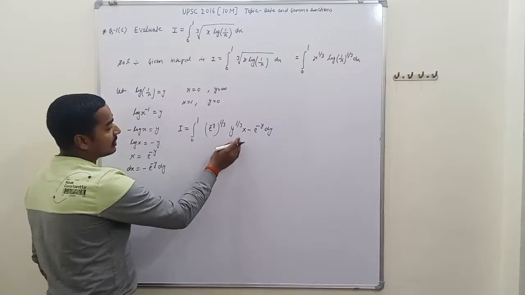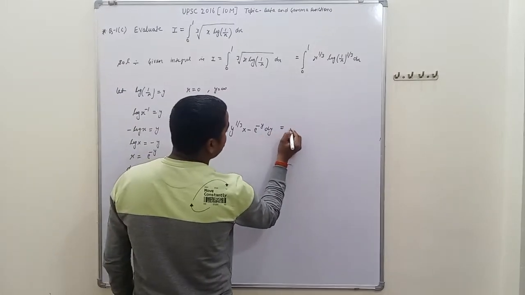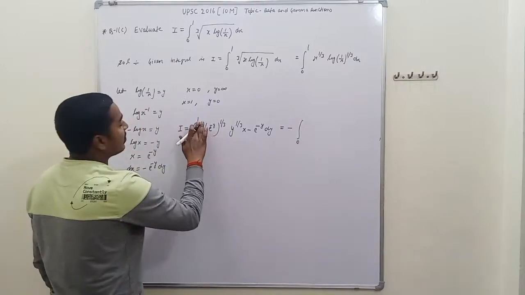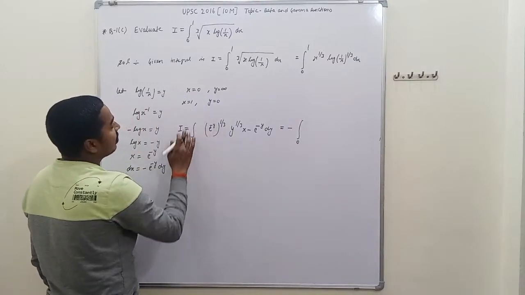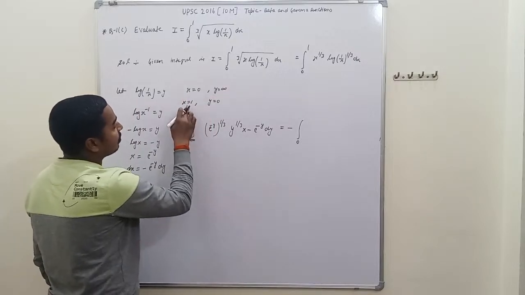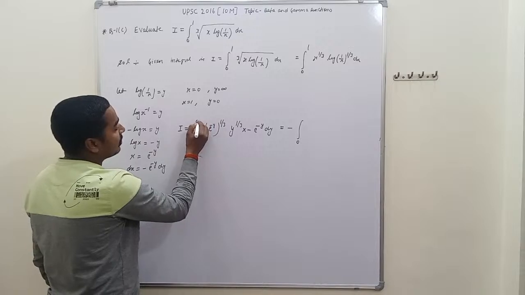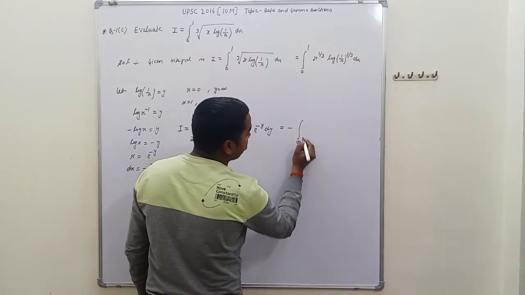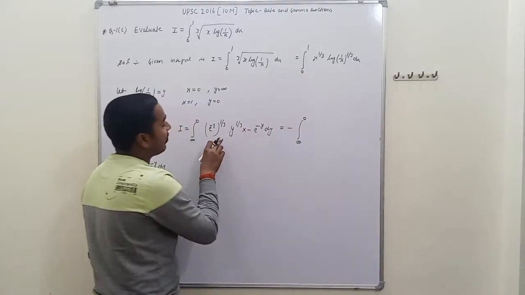The minus is taken outside, so this is written as minus of the integral, and we change the limit here: when x is equal to 0 we get infinity, and when x is equal to 1 we get 0. This is infinity to 0.